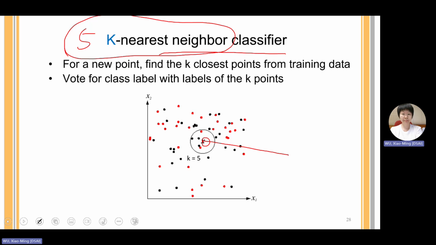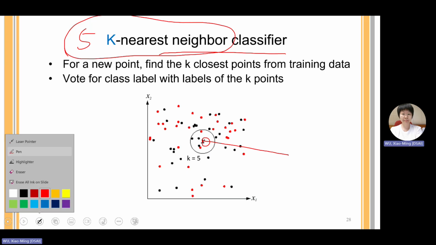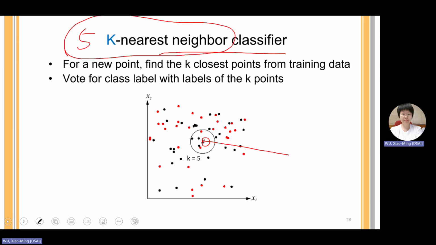For the test sample X, its 5 nearest neighbors are within this circle. And how should we assign the label to this test sample?